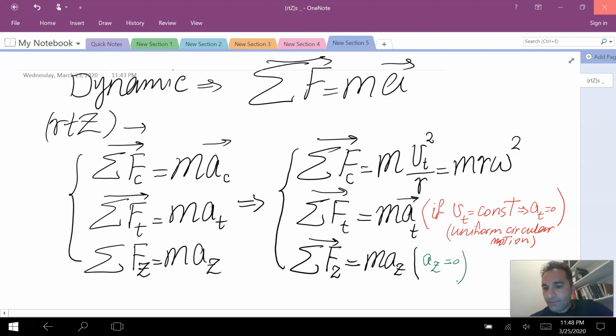Don't forget this section, okay? Acceleration on the z-axis is 0 because the object doesn't go up and down. If you have one ball attached to one string and rotate it, the ball doesn't go up and down. It just goes on one circle. So a_z is 0.